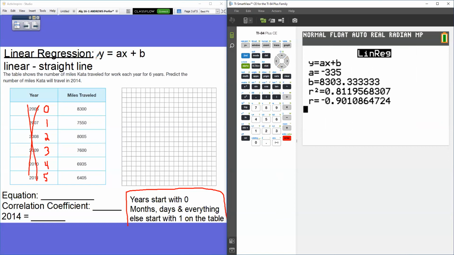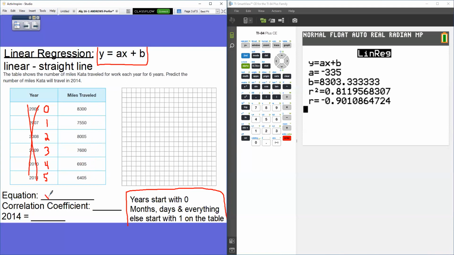So remember, the generic equation is y equals ax plus b. So we have to sub in our a value for a. We have to sub in our b value for b. A good rule of thumb, remember, is if these are whole numbers like they all are, we're just going to round to the nearest whole number. If they were all rounded to the nearest 10th, then we'd round to the nearest 10th.